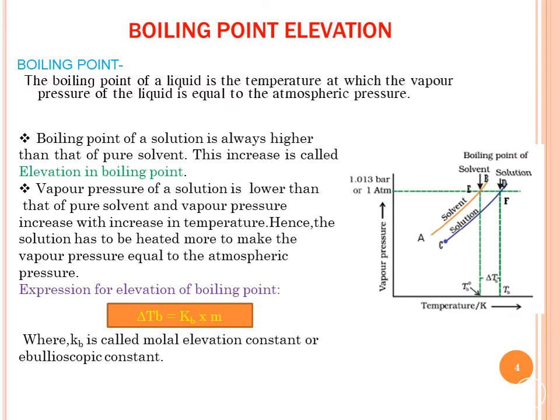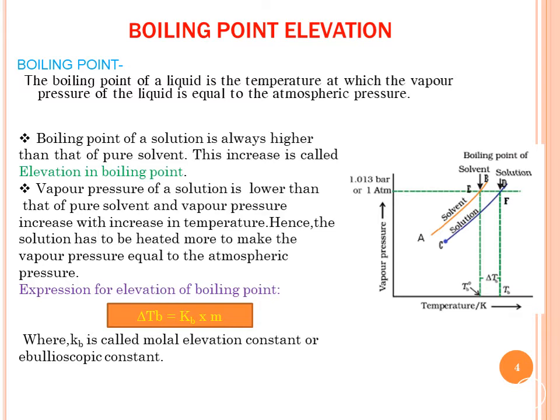You can see that at point D, the vapor pressure of the solution becomes equal to the atmospheric pressure, and this is the boiling point of the solution, which is of course higher than that of the pure solvent. So it is taken as TB.